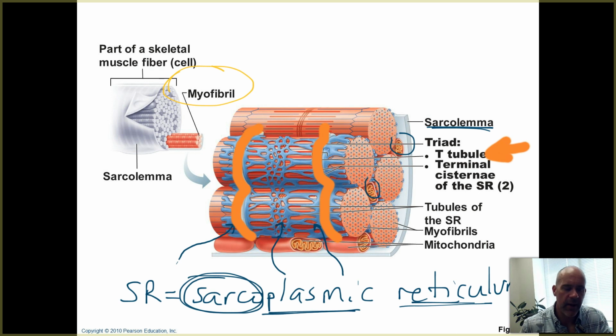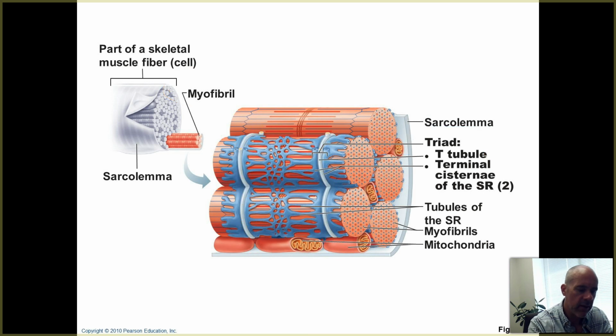Then another term you should be familiar with. Notice how the sarcoplasmic reticulum gets a little wider, and there are parts of it that run right up next to those T-tubules.